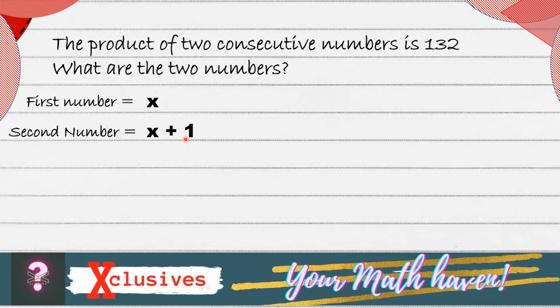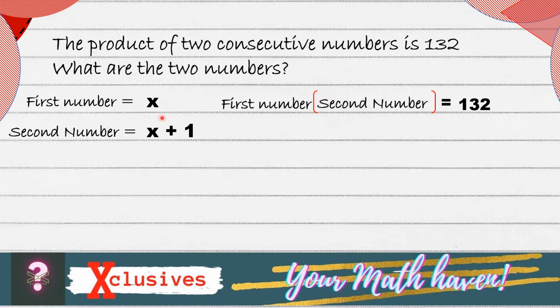Now, let us have our solution. Remember that the two consecutive numbers are being multiplied, as the word itself says, product. So we multiply the first number times the second number, which is equal to 132.